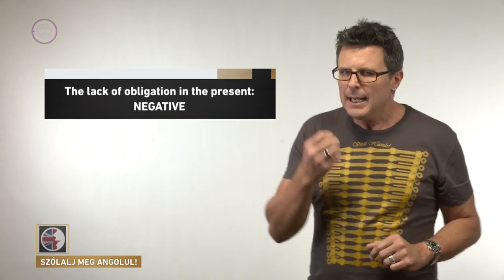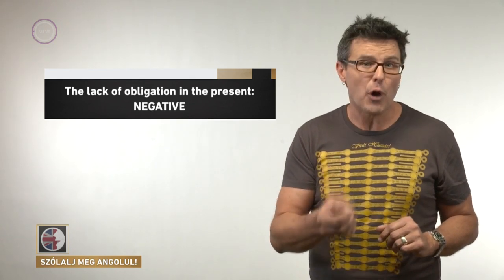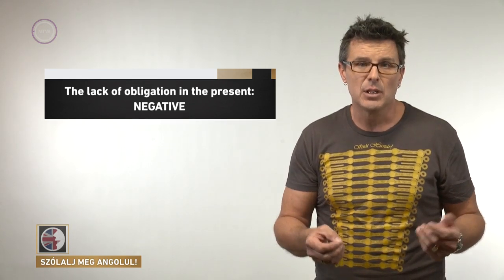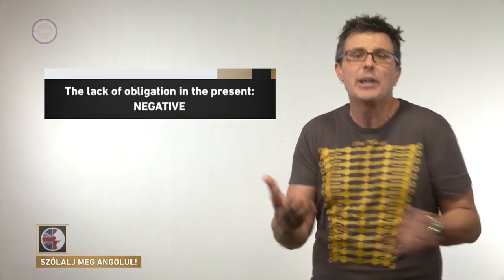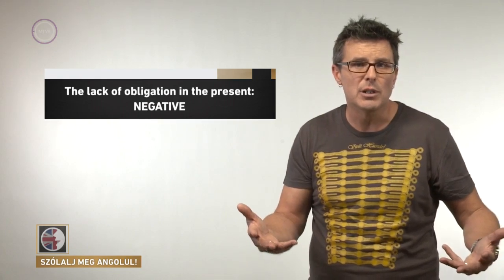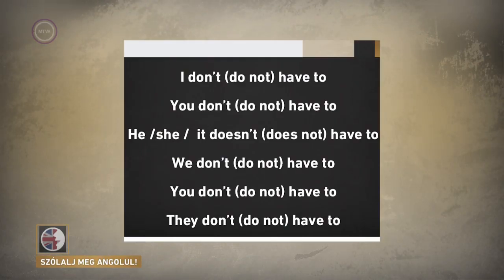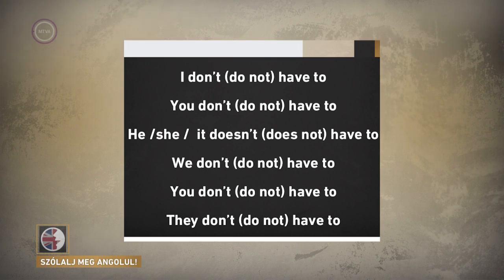Well, how do we talk about the lack of obligation in the present? We use do or does, not have to. We conjugate the verb to do. I do, you do, he, she, it does. We do, you do, and they do. Then we add not, and then follow with have to, and a verb in the infinitive without to.